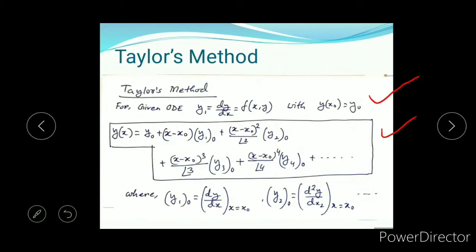Here you can see we are getting lots of instances of y, that is y0, y1, y2, y3, y4 and so on. So how many times do we have to find the value of the instances of y?